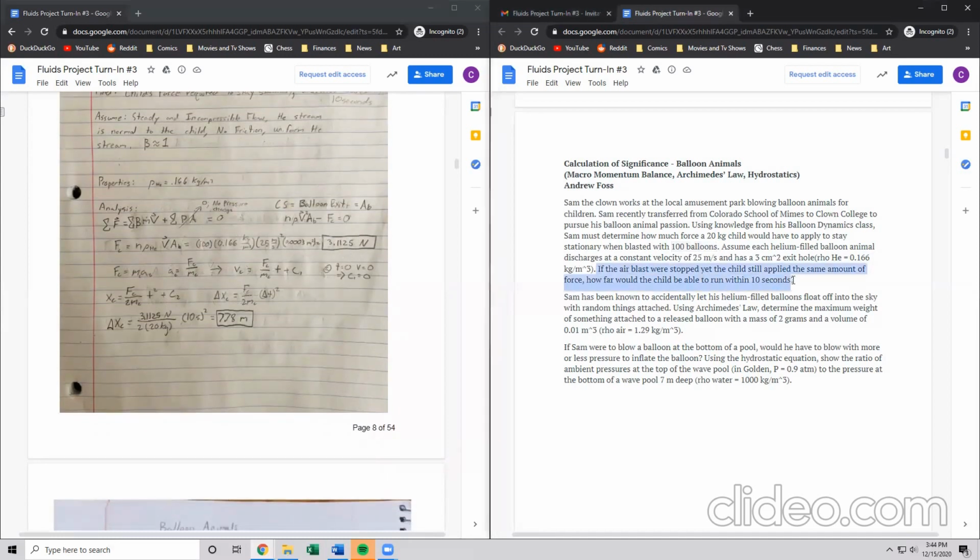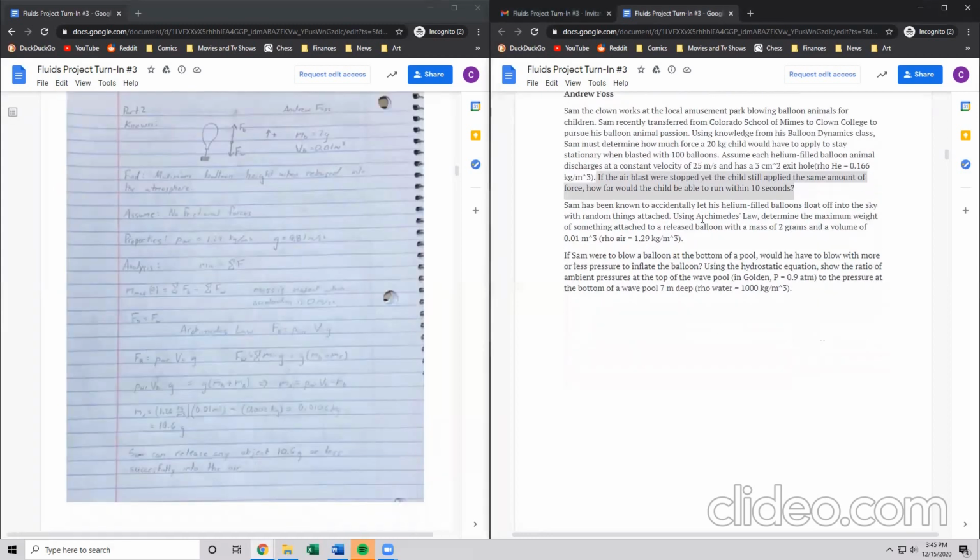He also asks how much force this is actually applying on the child, and if the child just let it happen and completely went limp, like a perfectly floating block, he would move about 8 meters in 10 seconds.